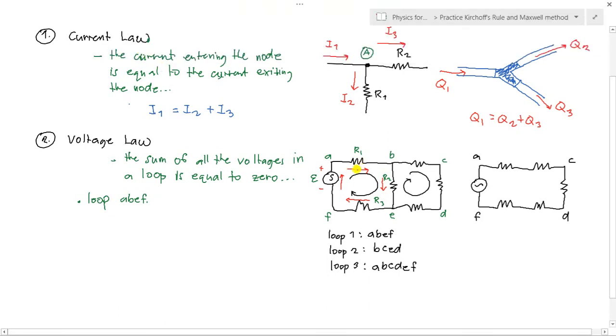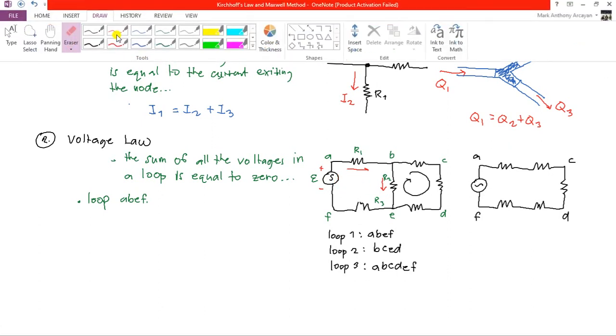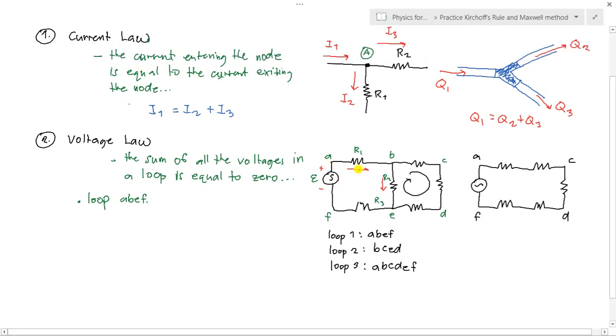For Kirchhoff's, we have already set the currents. So let's say the current set here that passes through is I1, and then what passes through R2 is I2, and then here this is I3.